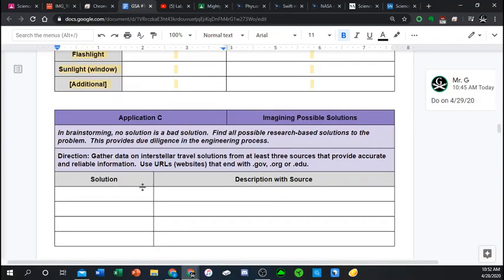Again, this takes 2 days, so I'd find 1 or 2 ideas today for application C. And then tomorrow, find another 1 or 2. So phase 2 takes 2 days. Today, tomorrow, we'll start phase 3 after your DNAC on Thursday. All right?